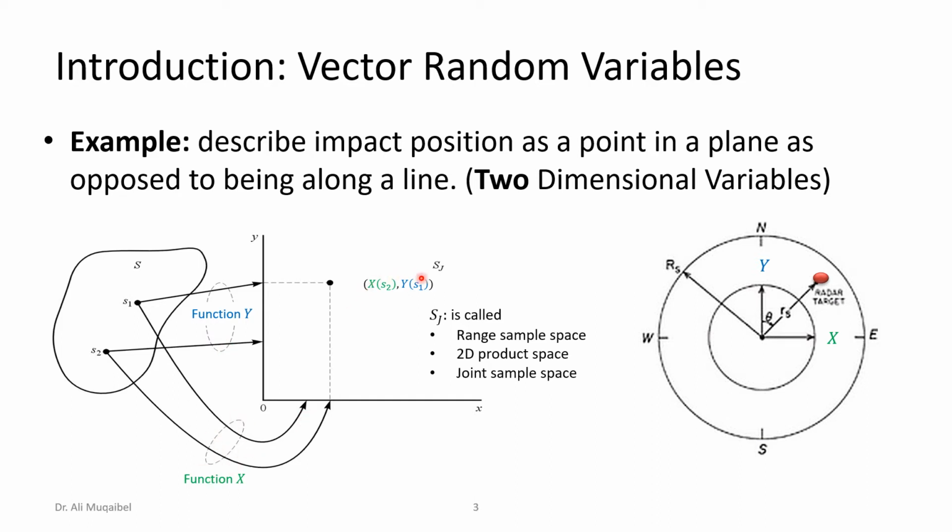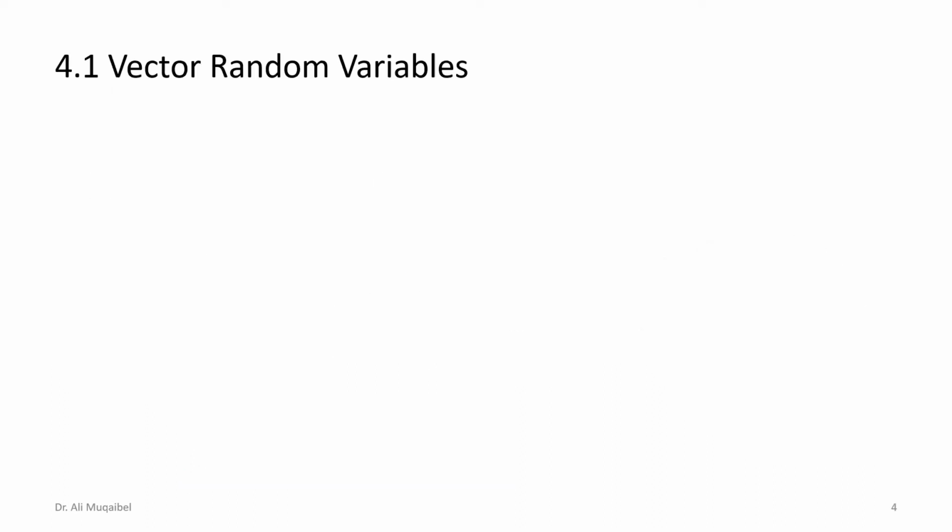If we locate the points jointly in this space, we have a two-dimensional random vector. And of course, we have Sj, which represents the range, or the product space, or the joint sample space, because we are representing things jointly. So we have now an idea about vector of random variables.